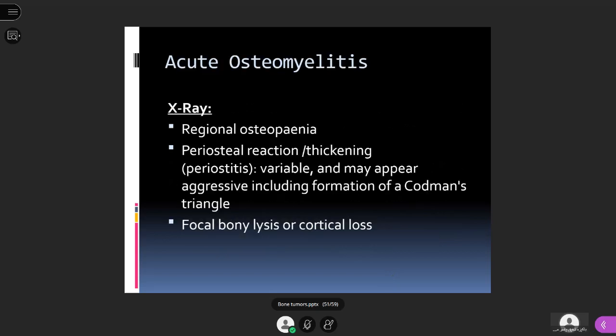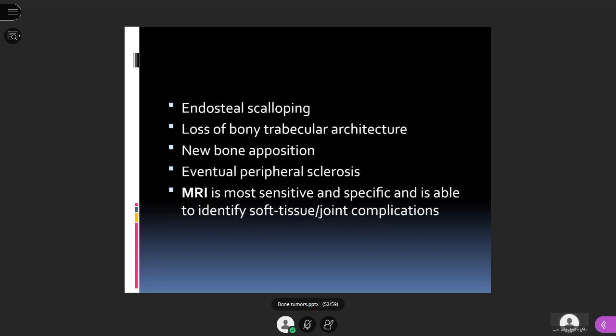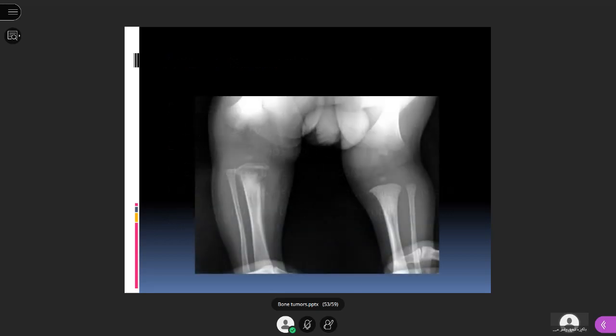So what are the earliest radiological findings? Regional osteopenia. Osteopenia means loss or reduced bone density. So in the region of infection, there can be reduced bone density with subtle periosteal reactions. See, this is an X-ray of the bilateral legs of a child.